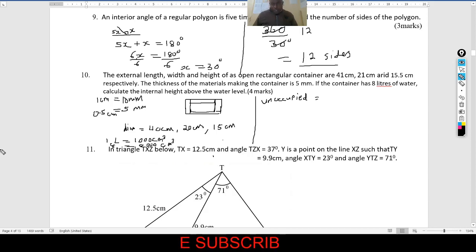The unoccupied volume is 40 times 20 times 15, less 8,000.